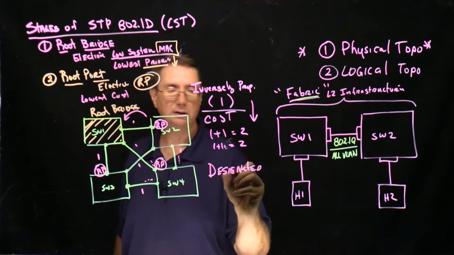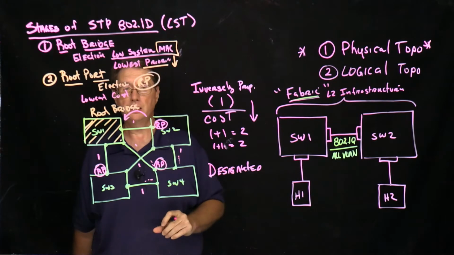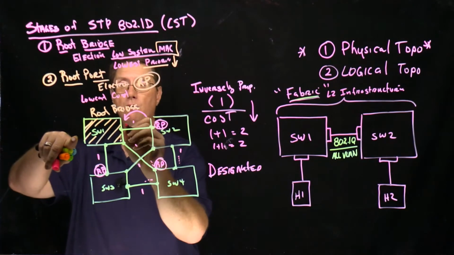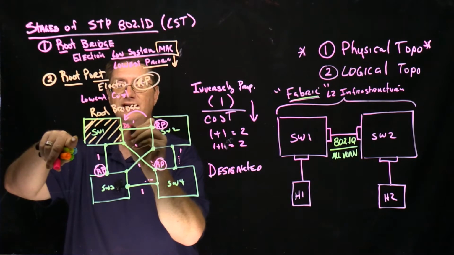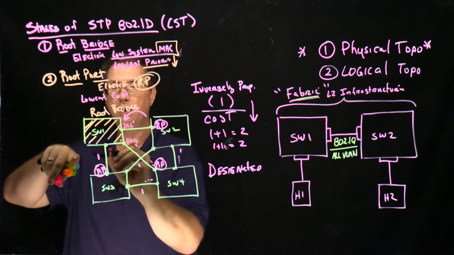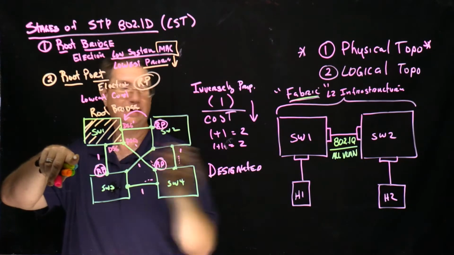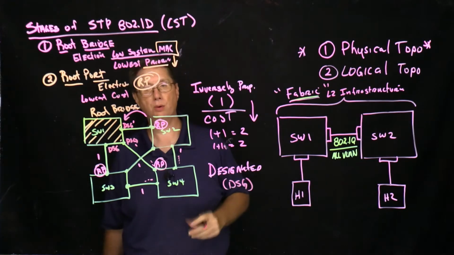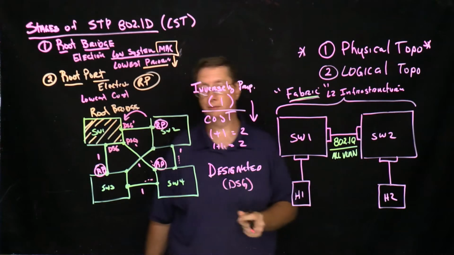Designated ports lead away from the root bridge. So looking at it purely from the perspective of the root bridge itself, every interface leads away from the root bridge, so these would be designated ports, DSG. That's a designated port that leads away from the root bridge.